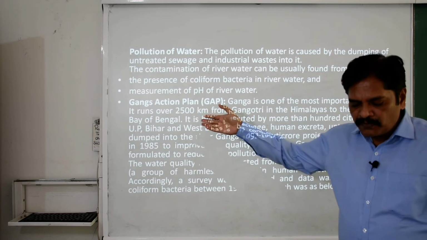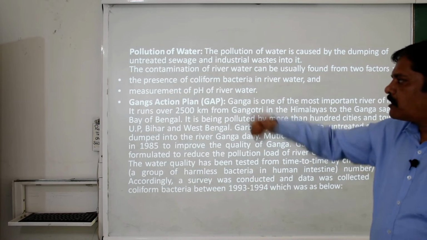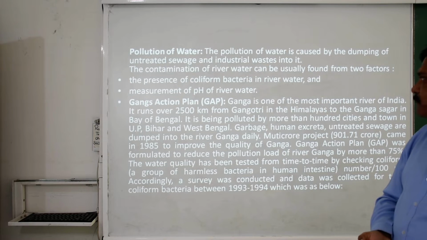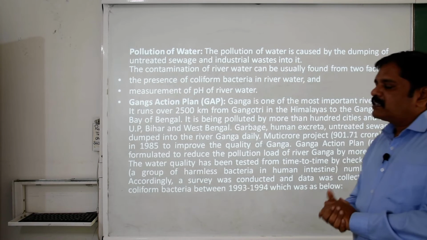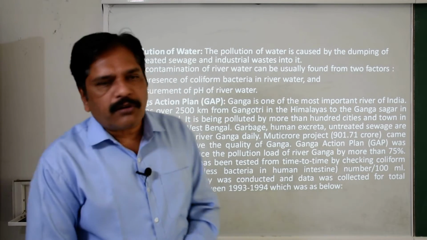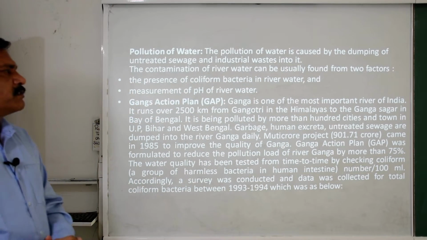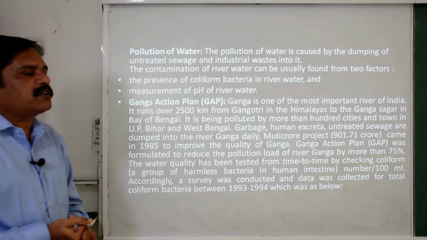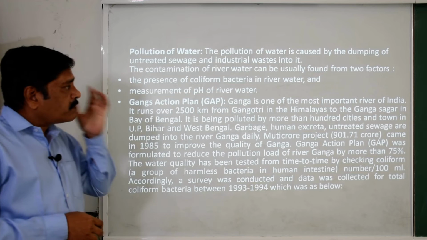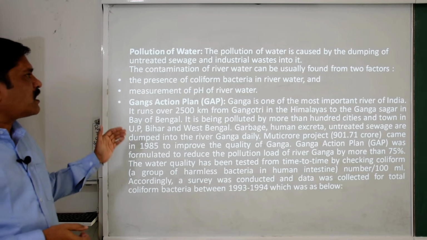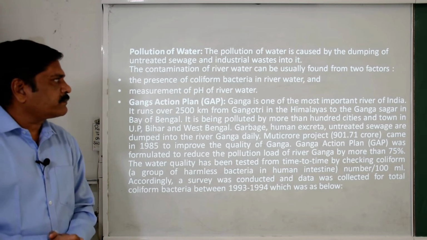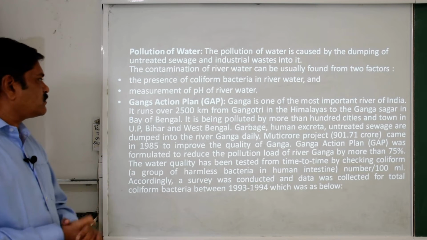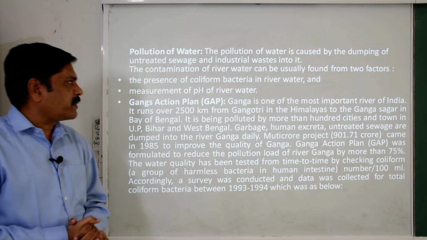So, now I think you have heard about the Ganga Action Plan, that is the GAP. You know that the Ganga river is considered one of the most important rivers which flows in India. It runs over nearly 2,500 kilometers from Gangotri in the Himalayas to Ganga Sagar in the Bay of Bengal. It is being polluted by more than 100 cities and towns in UP, Bihar and West Bengal.